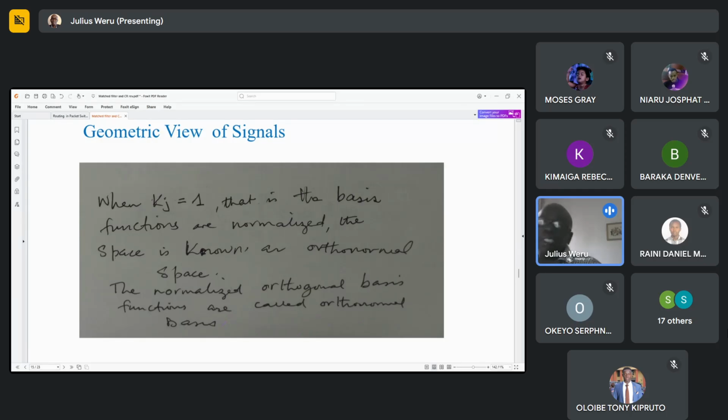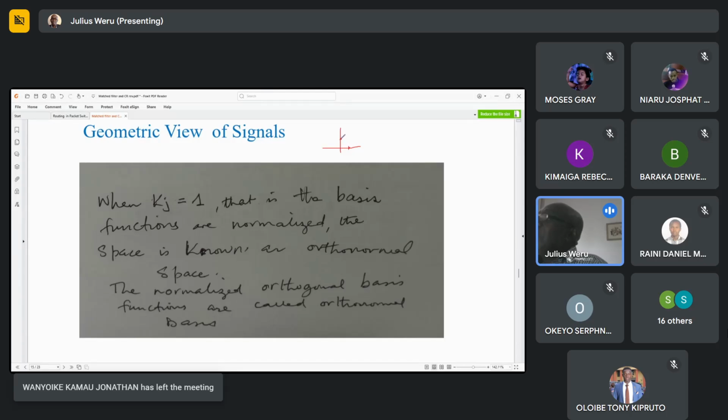So, orthogonal basis would be like cosine and sine. Orthonormal basis, of course, will be like the vertical, just this is equal to 1. So this will be orthonormal basis.